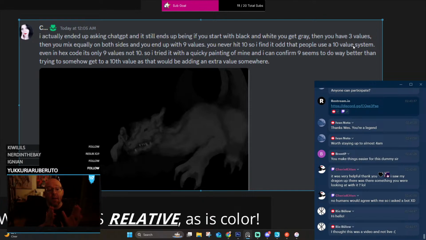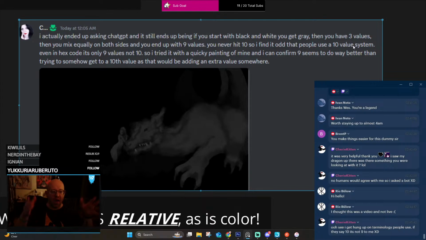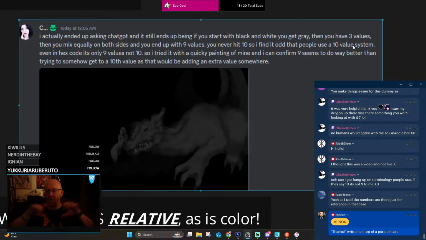I would just pick the numbers and stick to it. So the numbers do matter and the numbers don't matter. So it's both. You're both correct. Because you don't want to differentiate. They're just ways to divide your information. So you have your midtones and your highlights and your shadows. Okay. Don't cross those.